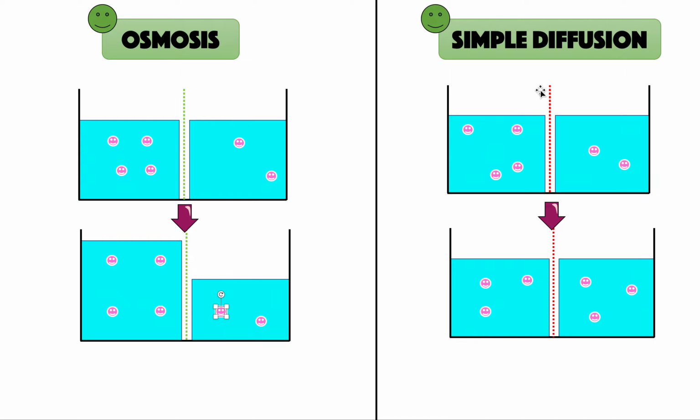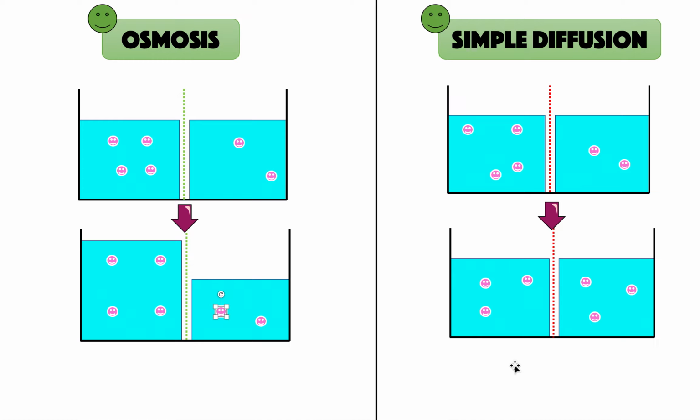This side is as concentrated as this side. That's the same thing that happened here with simple diffusion. So you can see the similarity first is that both processes are trying to even out or reach an equilibrium between both sides to even out their concentration. Simple diffusion does it through the movement of molecules, so these substances, whereas osmosis does it through the movement of water.